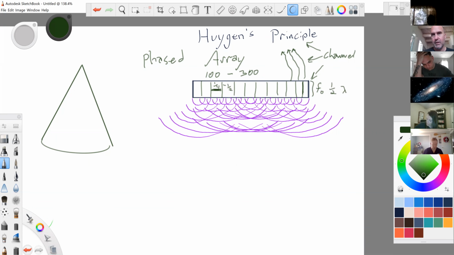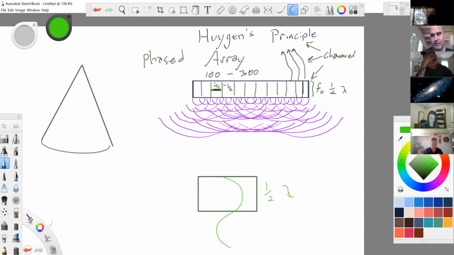Remember when I draw my little element like this, so that whole green line there is a full wavelength, and this is 1/2 of a wavelength. So yeah, I never thought about that. If the element is 1/2 wide and 1/2 thick, then it's a perfect cube.